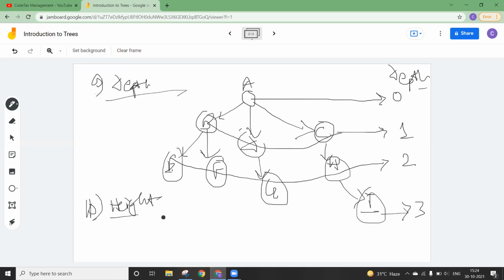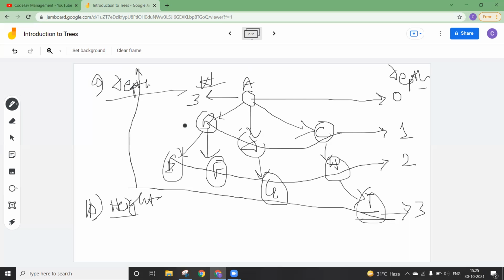Here, suppose the height of node A is 3.